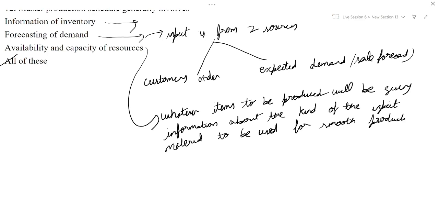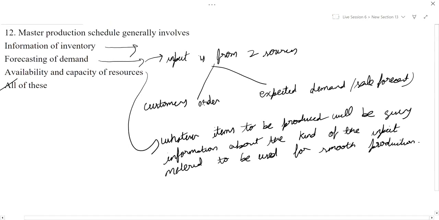So we need to have our information of the inventory, like we identify the quantity of raw material or items needed and the time when these materials are needed, so that we can satisfy the demand. Okay, so the next question.